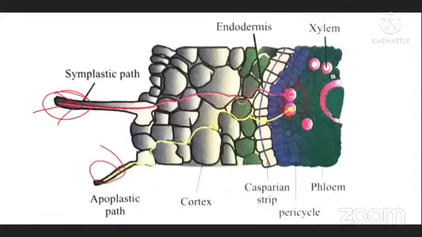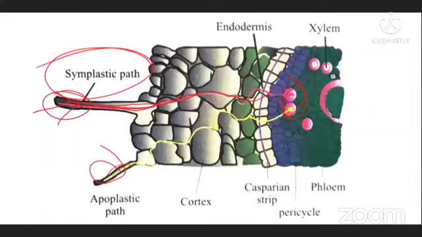Here the pink color structures are xylem. This red color line moves from one cell to another cell through the cell membranes. That means the water movement is across the cell membrane. So that process is known as the symplastic pathway.